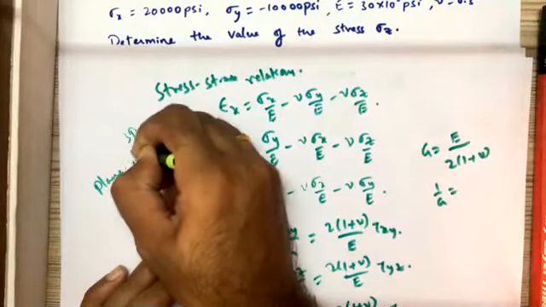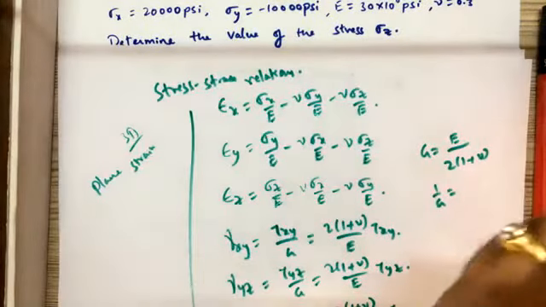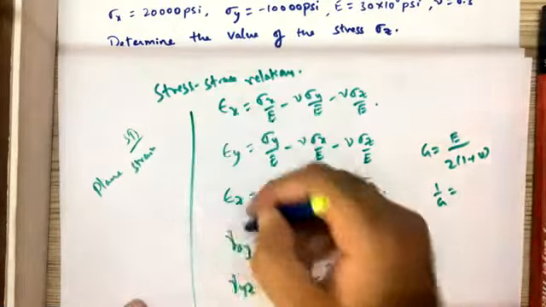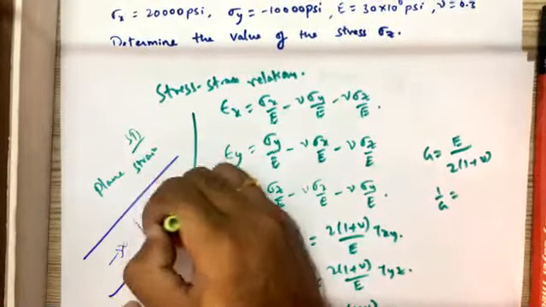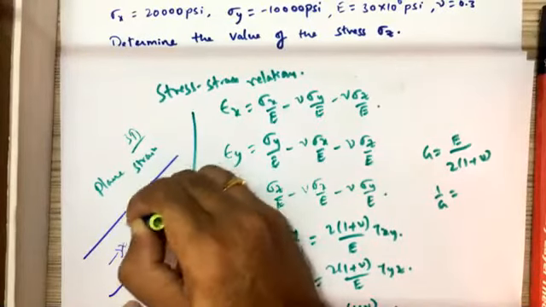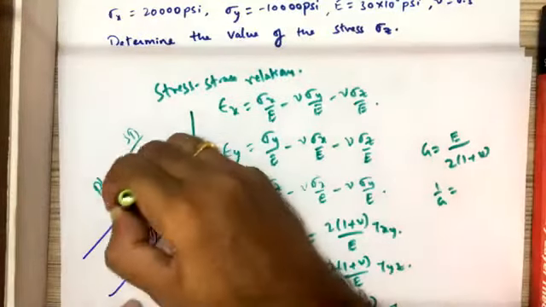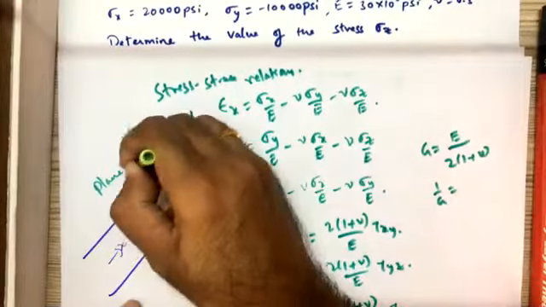But now in the problem it is clearly mentioned that the problem is plane strain. So according to that, we know very well that in plane strain, one dimension is very, very large in the z direction, if you consider a small portion, and the strain there is considered to be zero.